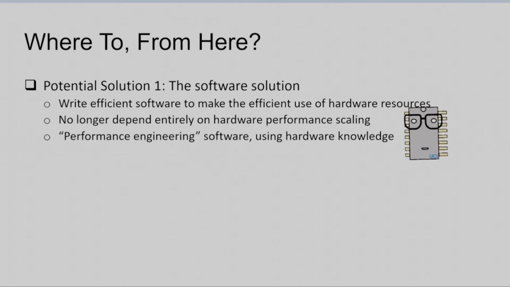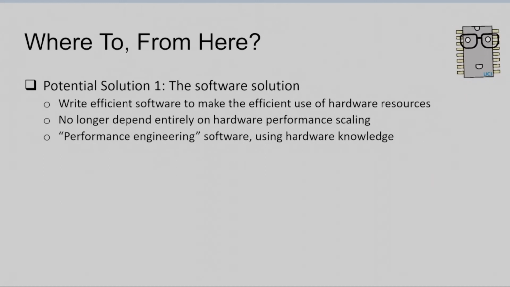And software developers need to actually spend time and effort learning about the underlying architectural caveats and optimizing towards them. This is what is called performance engineering software using hardware knowledge. And that's potential solution number one that we're going to deal with quite heavily in this course.